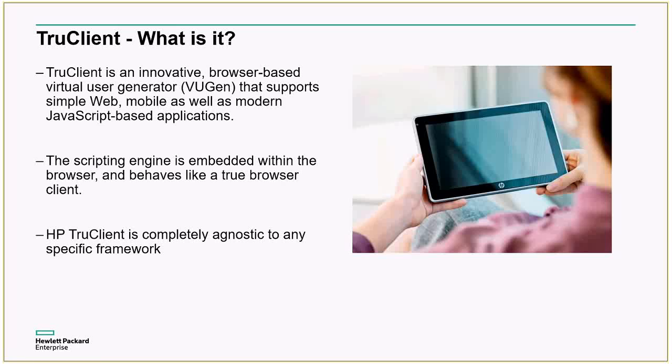TruClient activates the operations that the user is doing on the browser in the same way the user is doing it. So each TruClient virtual user equals a real browser process which is running.